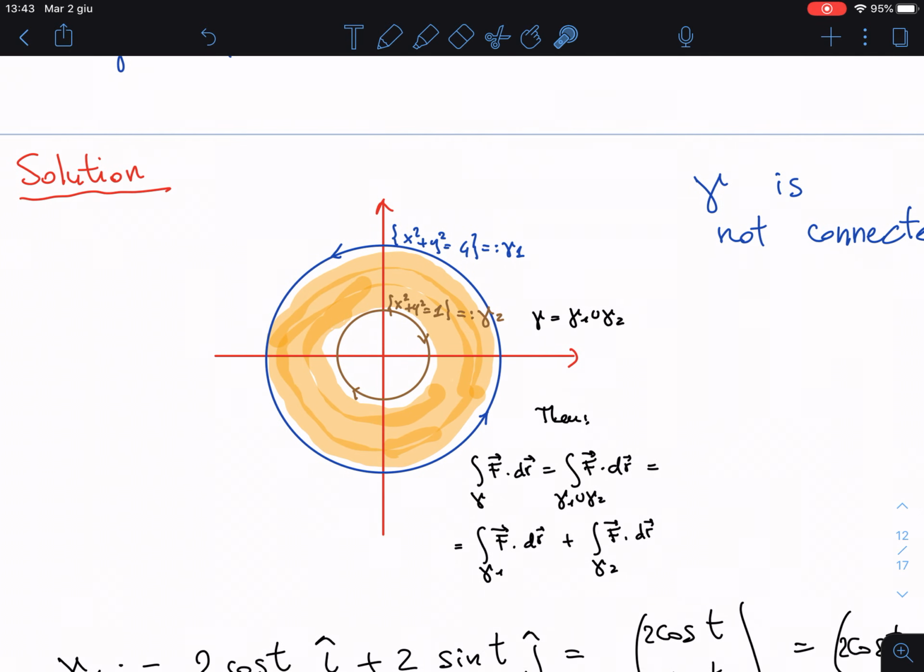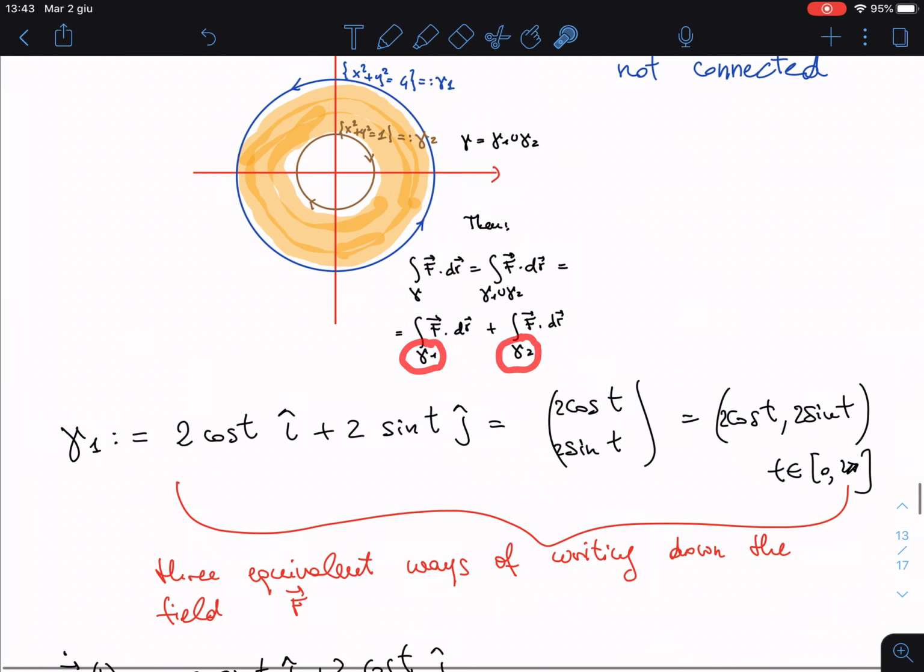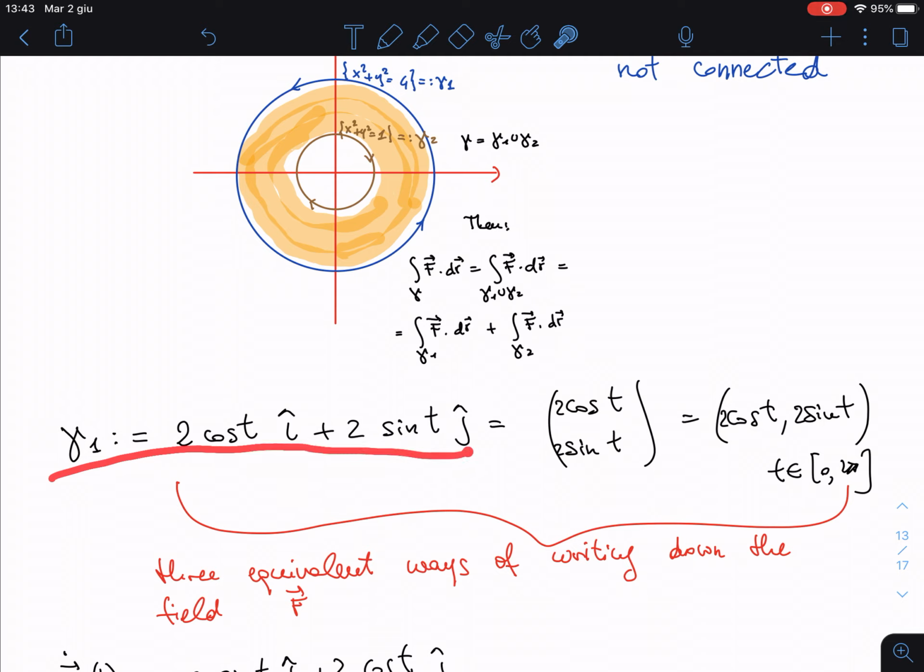And now we just describe gamma, namely gamma 1 and gamma 2, through components. And this is very easy, very usual because we are dealing with circles. So gamma 1 is the circle of radius 2, centered at the origin, so you have 2 cosine of t i plus 2 sine of t j on the x and y axes. So in components, this is the circle, and you can write it down like that, and as usual t goes from 0 to 2 pi.